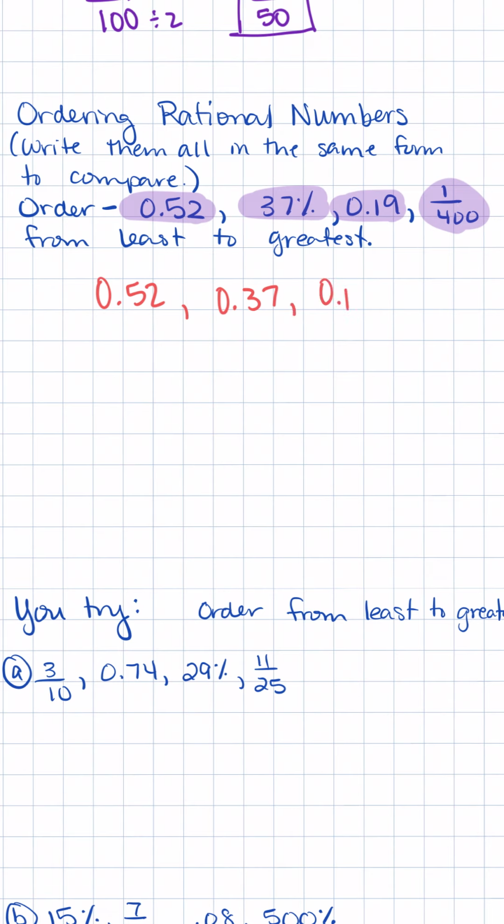Then we have 0.19. To turn this fraction into a decimal, all we do is divide the top by the bottom. So 1 divided by 400 equals 0.0025. Okay, so now we can compare. And they want us to put them least to greatest.